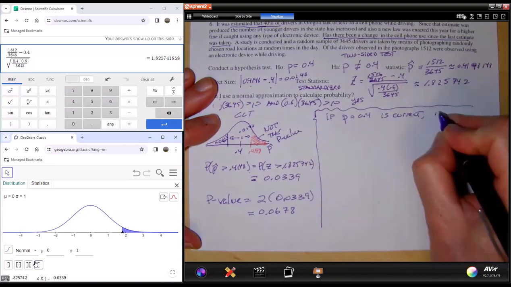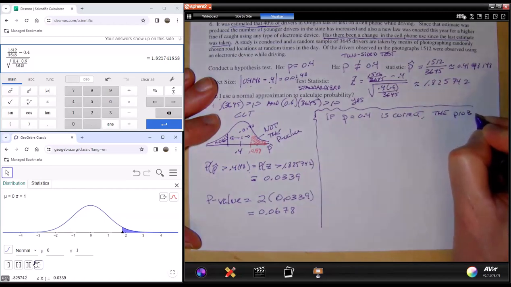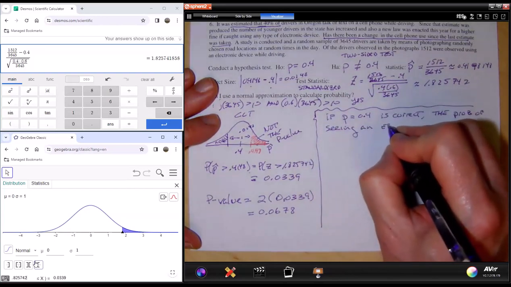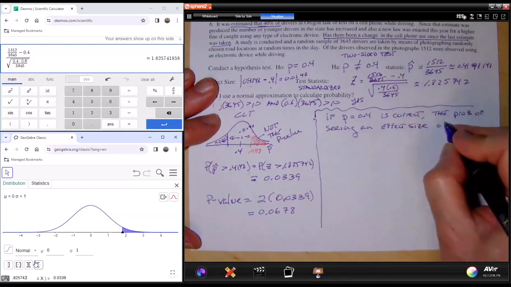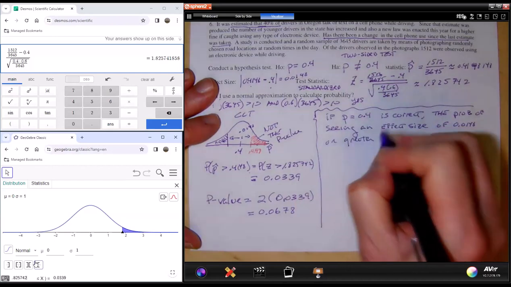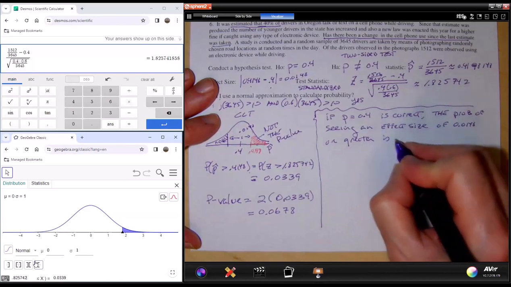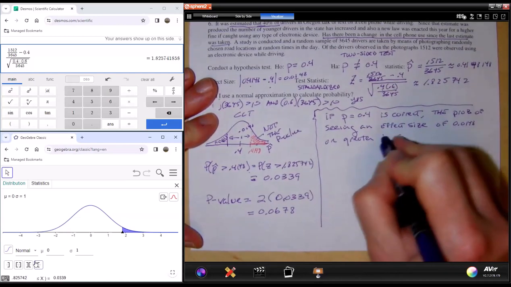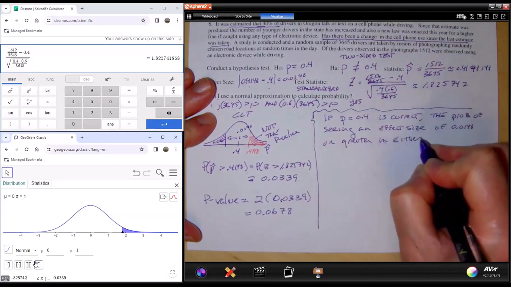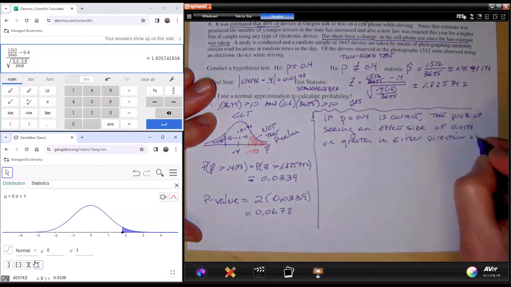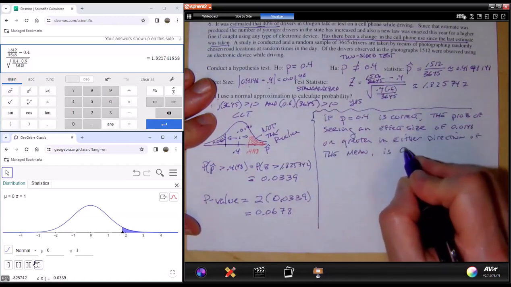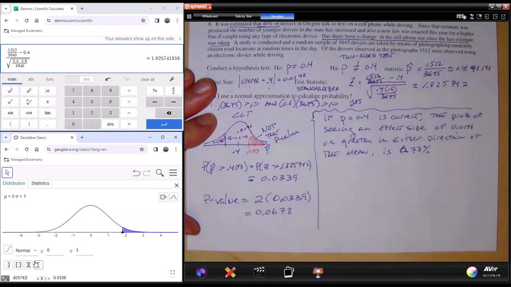If this is correct, the probability of seeing an effect size of 0.0148 or greater, or greater in either direction, of the mean, is 6.78% from a sample.